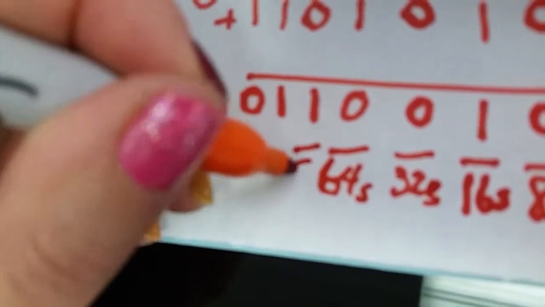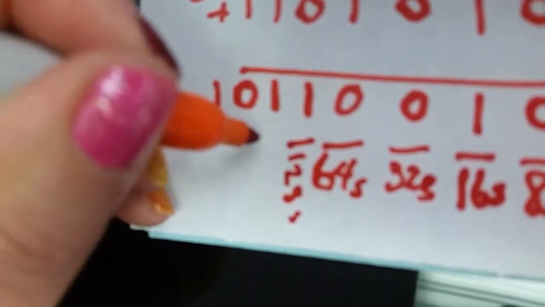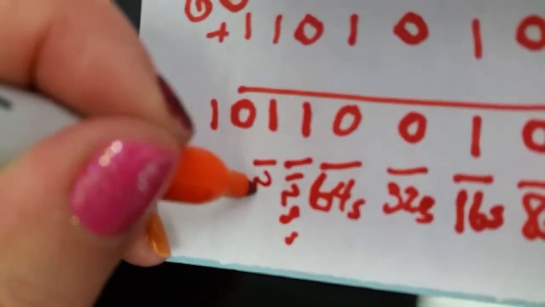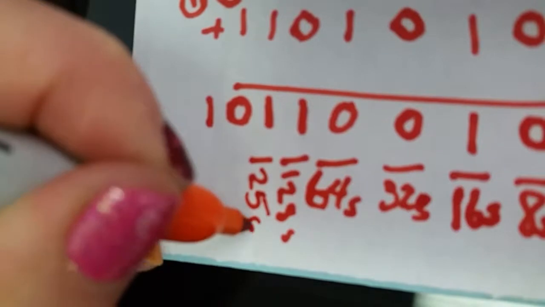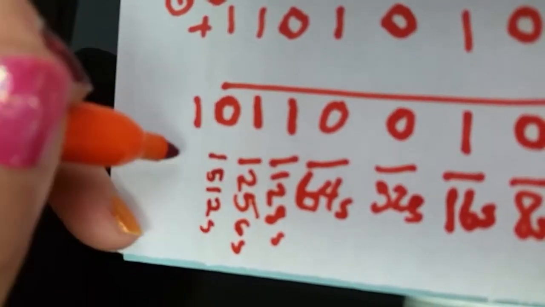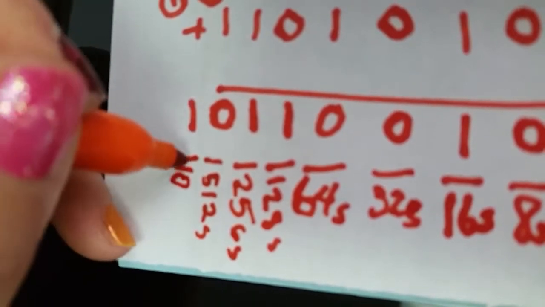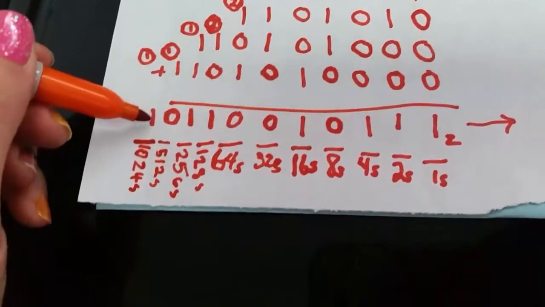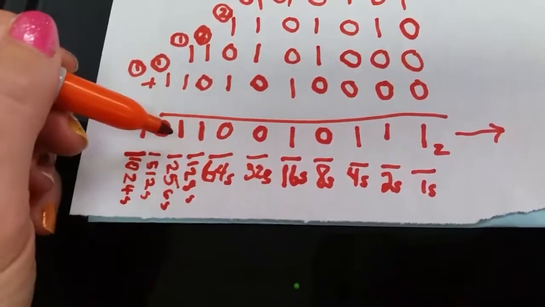That could be even neater. This would be 128s. This would be 256. This one would be 512, and this one would be 1024s.